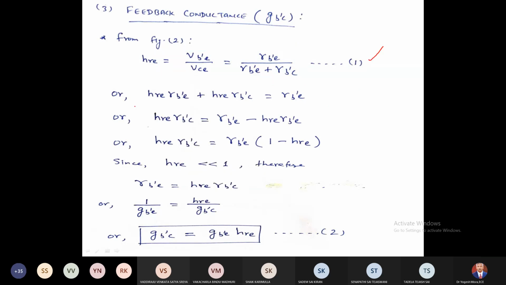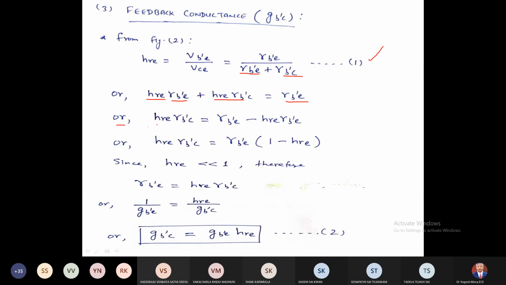Right. So this is my expression number 1. Or I will just simplify this: HRE multiplied by RB'E plus HRE multiplied by RB'C is equal to RB'E.